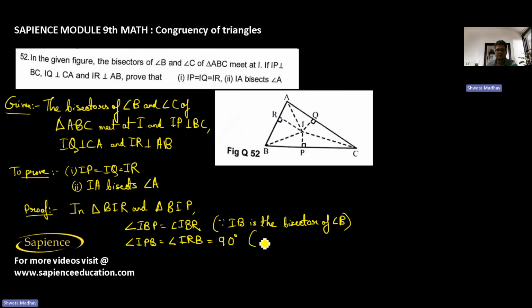Since it is given that IP is perpendicular to BC and IR is perpendicular to AB. This is given.